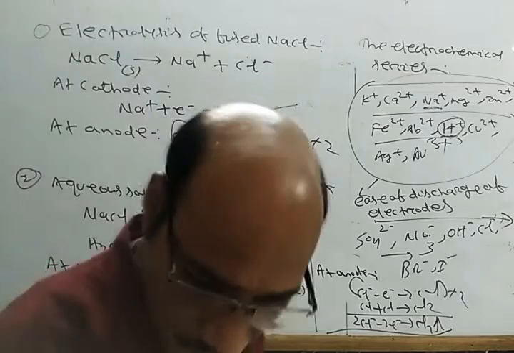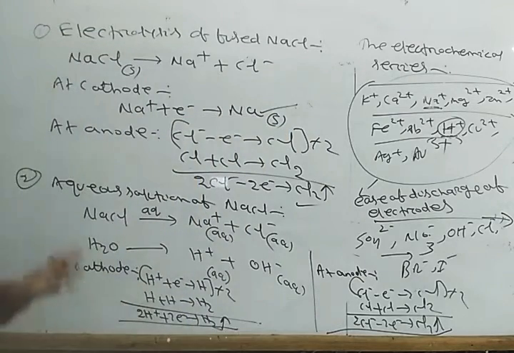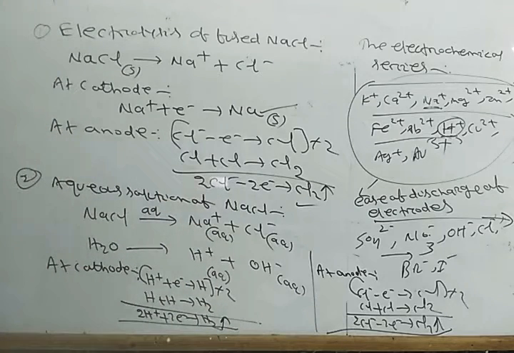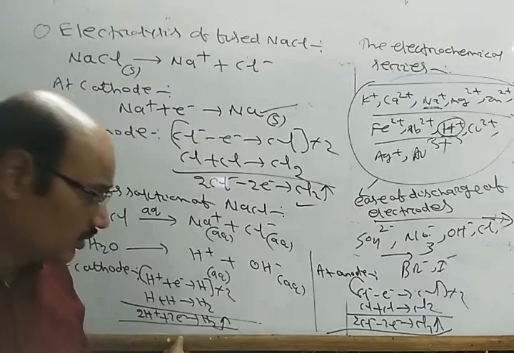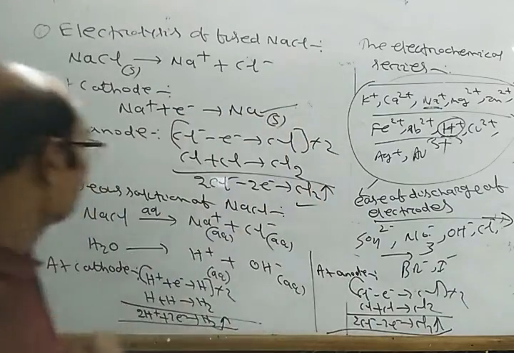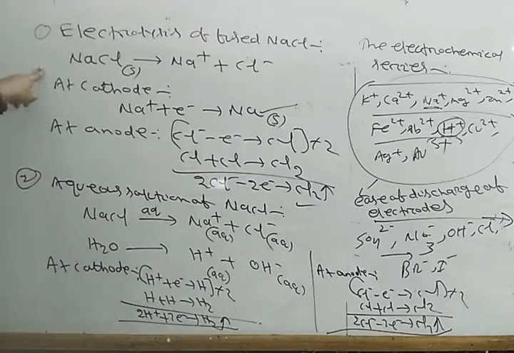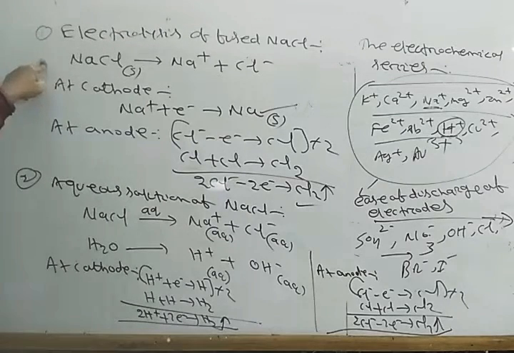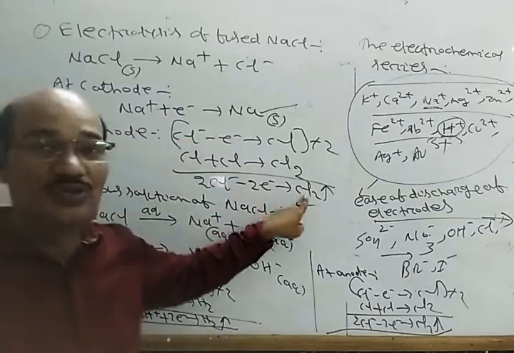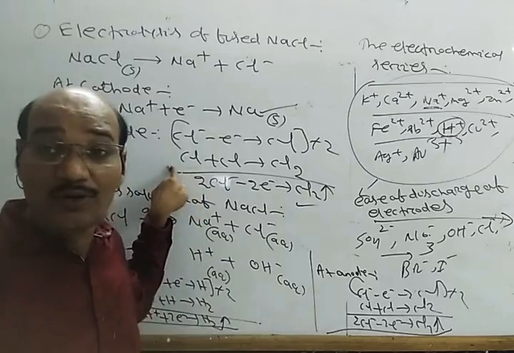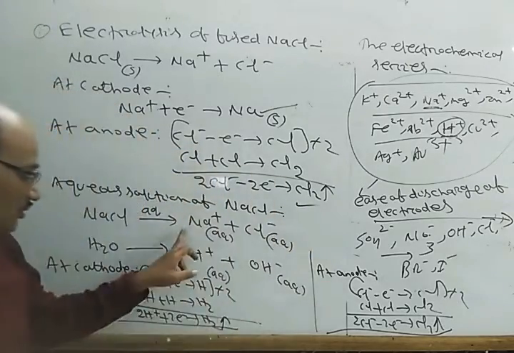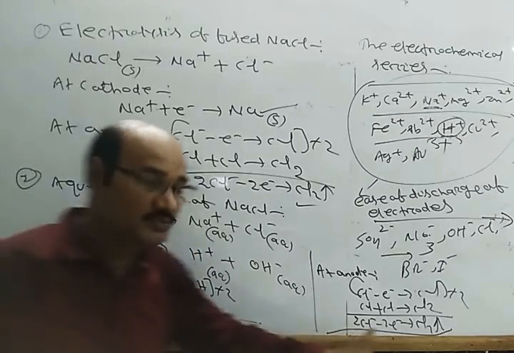So when there is electrolysis of aqueous solution of NaCl, H2 gas will liberate at the cathode and Cl2 gas will liberate at the anode. But with fused NaCl, we have sodium metal at the cathode and Cl2 gas at the anode. But when you take aqueous solution of NaCl, we have hydrogen at the cathode and chlorine at the anode.